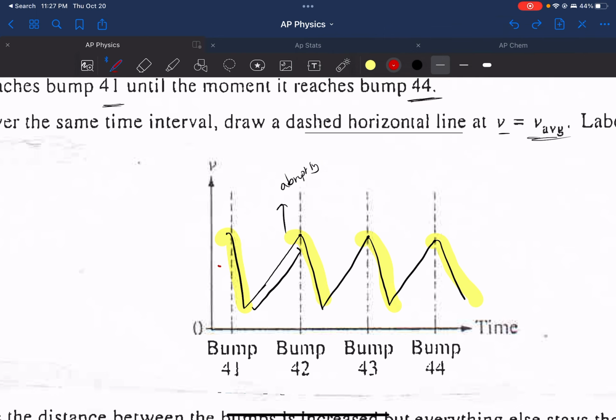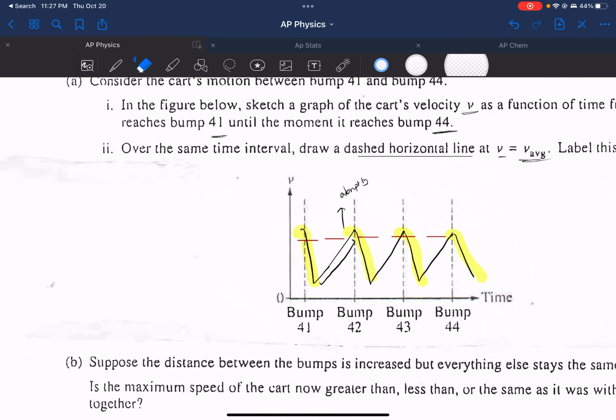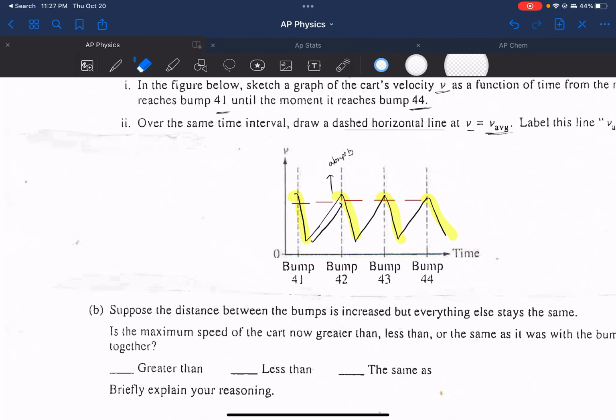Again, this is not drawn to scale, but I'm going to try my hardest. These should all be leveled. It's just harder with this pencil. Okay. This is what your graph would look like. You notice that everything here is aligned as it should be because they are in the same velocity.